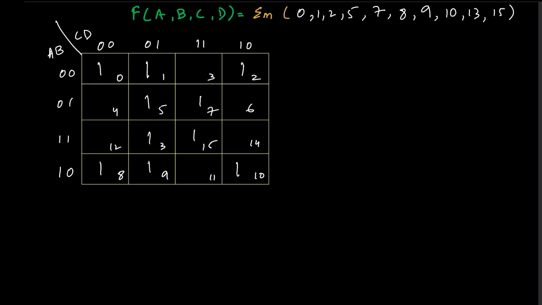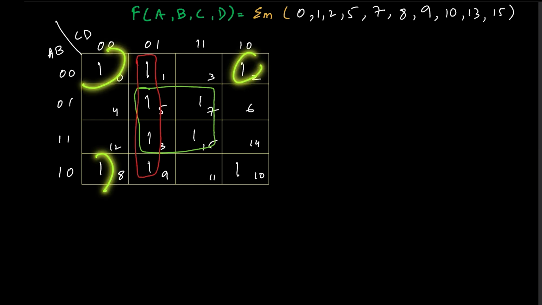First group we can see is this one. The second group is this one. Now you can see these ones. Now these ones can be grouped as well. K-map allows this type of grouping. So we will group them. We have three groups now.